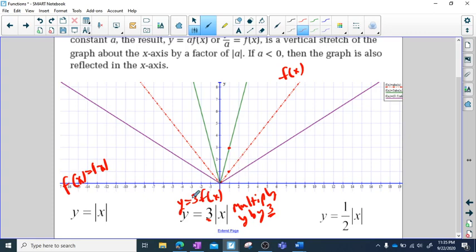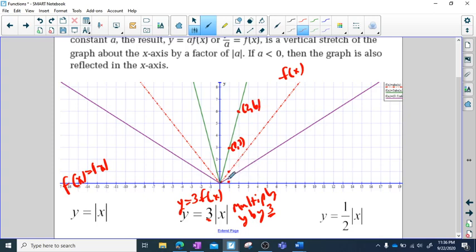By putting a 3 out here, it will triple the y value. Instead of 2, 2, it should now be 2, 6. Right, so 2, 6. This one became 1, 3. So the x stayed the same, but the y value got tripled.